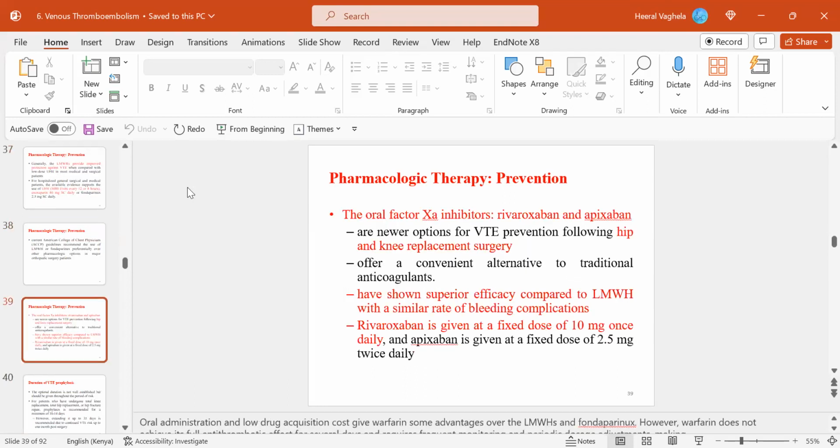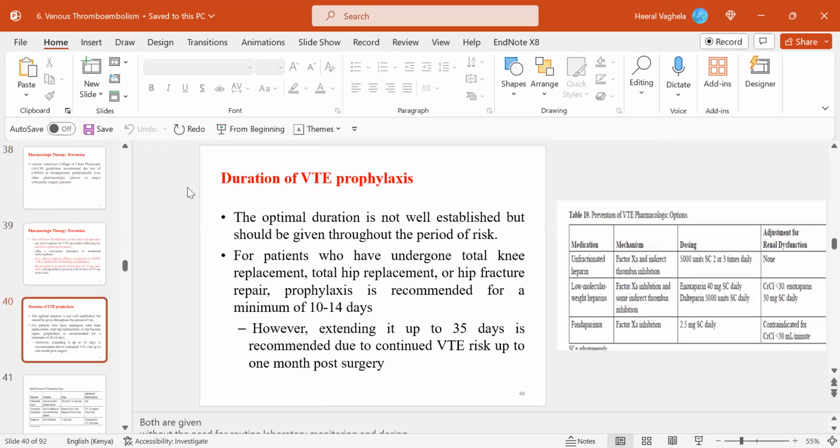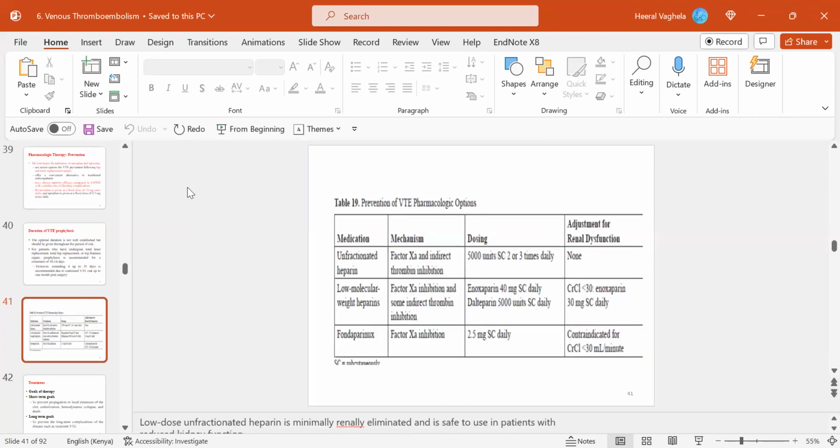And also, of course, oral anticoagulants like rivaroxaban and apixaban. Prophylaxis is usually given for up to 35 days, because there is still risk of venous thromboembolism even 1 month post-surgery.